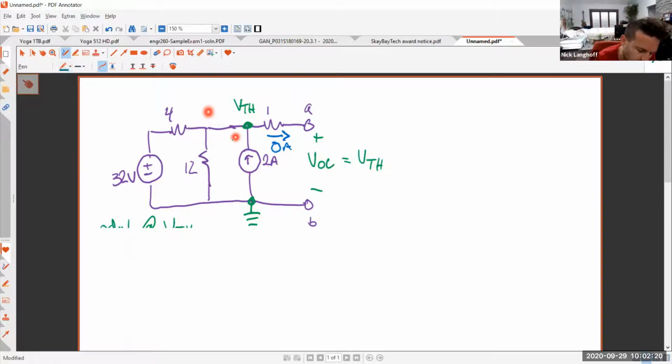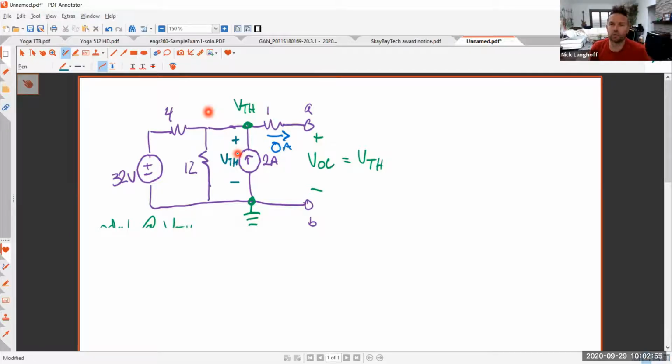Do you see that V Thevenin is the voltage across that current source? Now, if you turn off the current source, it's just a simple voltage divider. It's 32 volts going into that voltage divider of the 4 and the 12. If you turn off the voltage source, that becomes a short circuit, and then it's just the 2 amp source driving into a 4 parallel 12 combination.